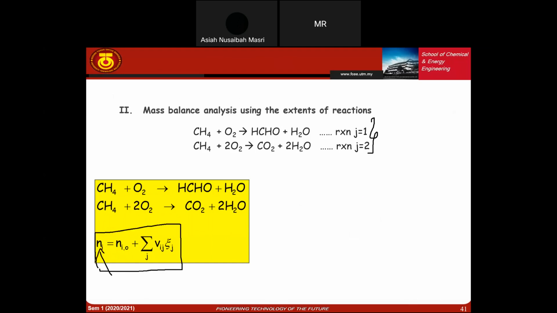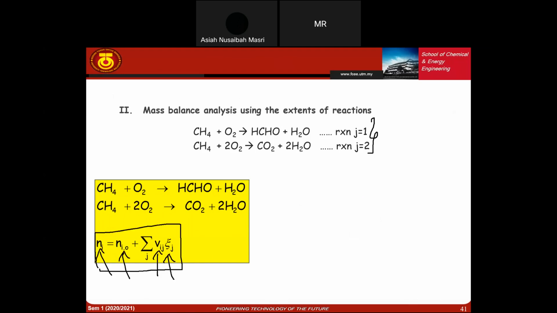Extent of reaction: output of is equals input plus or minus the summation of, negative for reactant, positive for product, and then you have to consider its stoichiometry times the extent of reaction. So here we have two reactions.